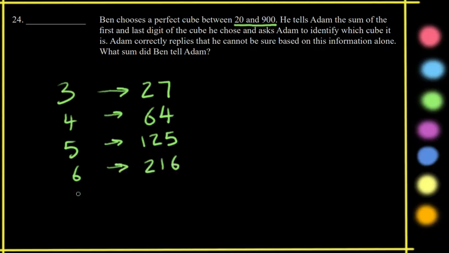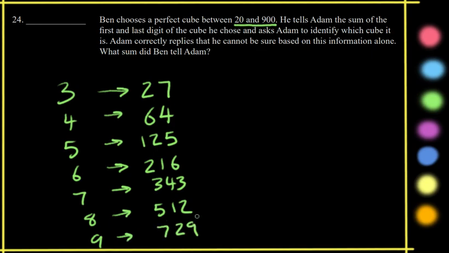It's handy to just memorize the cubes up to at least 10. 7 cubed is 343. 8 cubed is 512. And 9 cubed is 729.